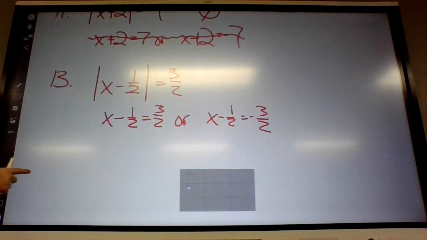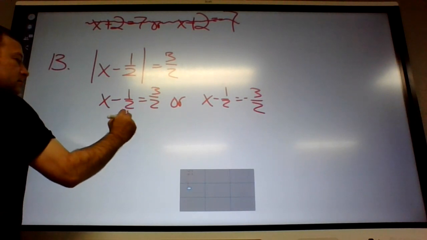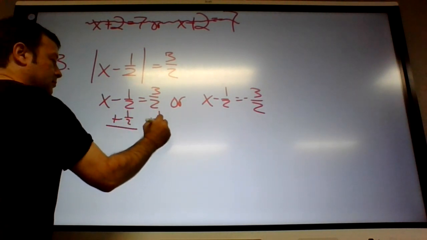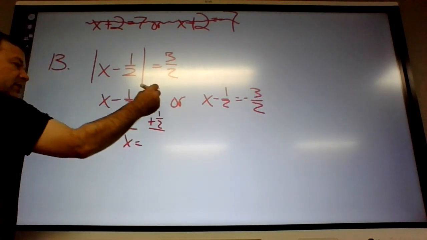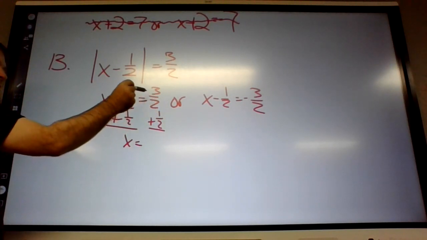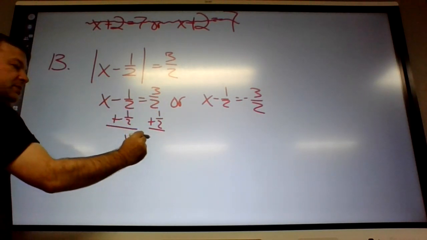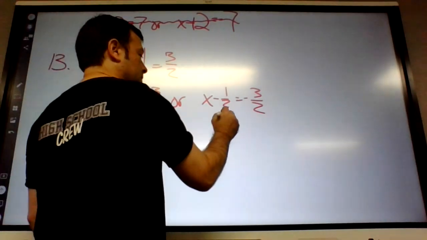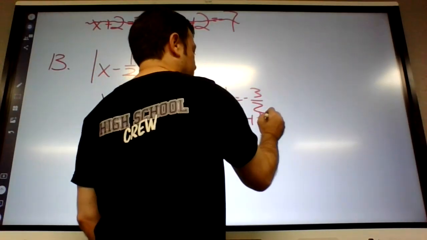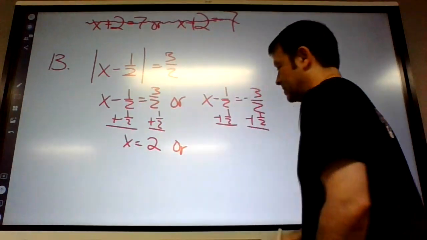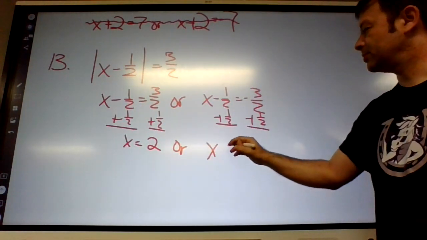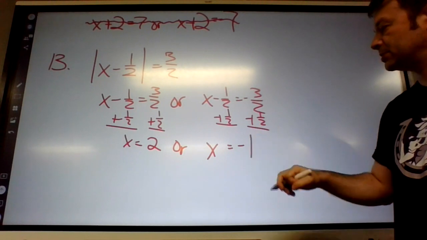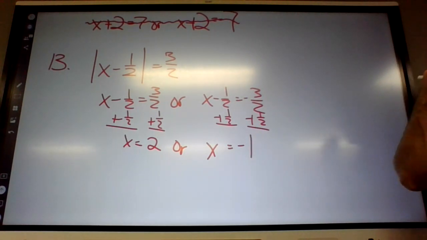And then you add 1/2 to both sides. 3 over 2 plus 1 over 2 is 4 over 2, which is 2. Negative 3 plus 1 is negative 2 over 2, which is negative 1.